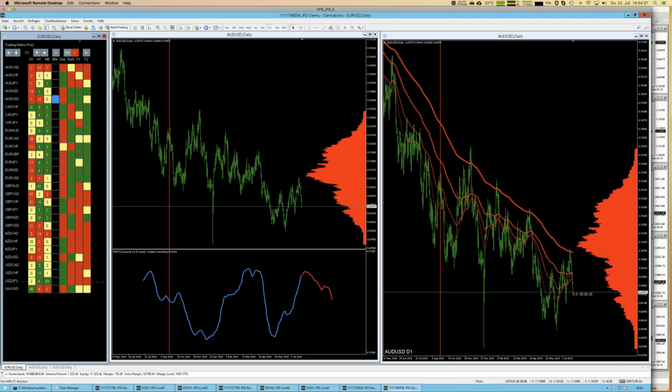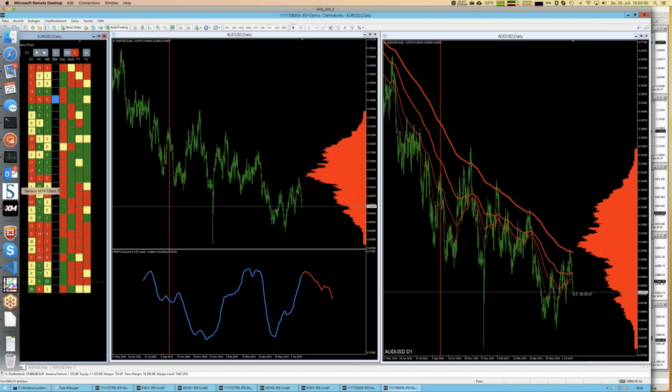It's really handy to have such a tool. If you are interested, just visit Peter's homepage and get in touch with Peter if you want that kind of indicator. It's helpful in terms of swaps, trends, and overall chart analysis.